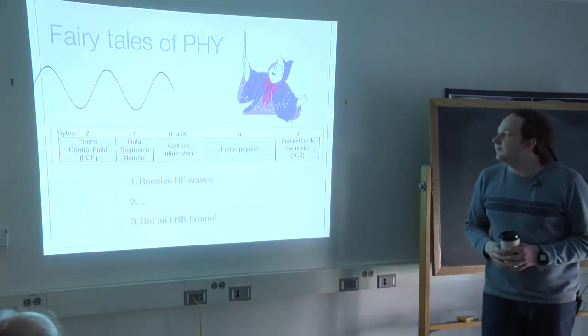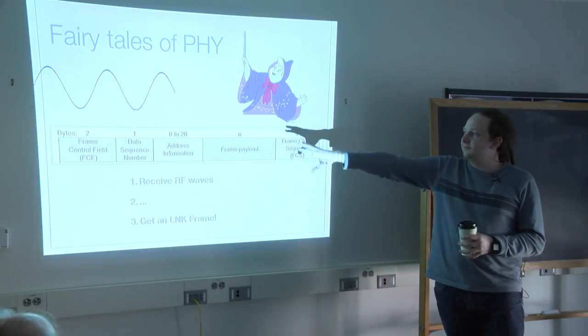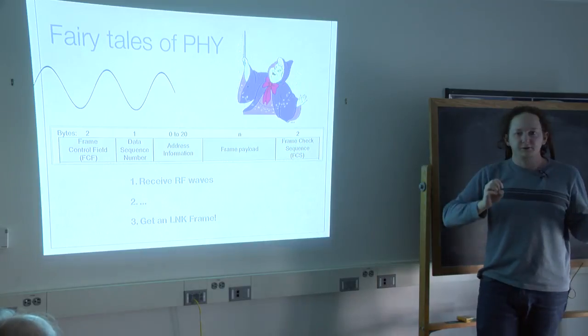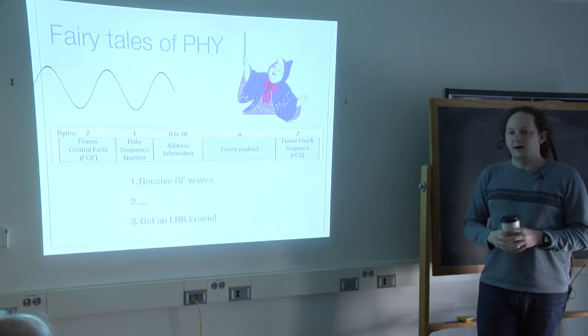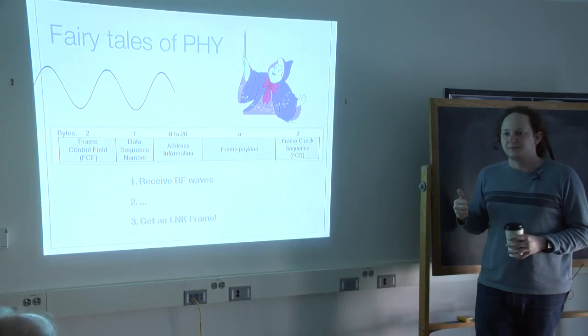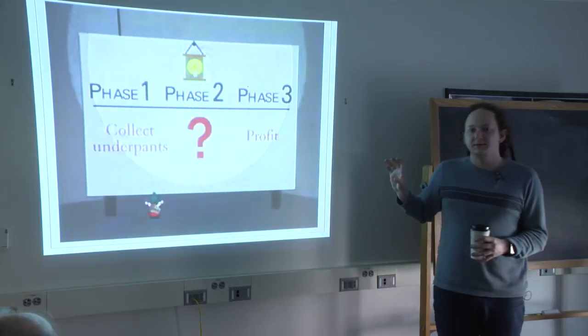So the fairy tale of the way that the phi layer works is that you have this magic frame, and it gets shoved through the air, and then you have your link layer frame, and everything is good. And this is sort of missing the step in the middle, right?